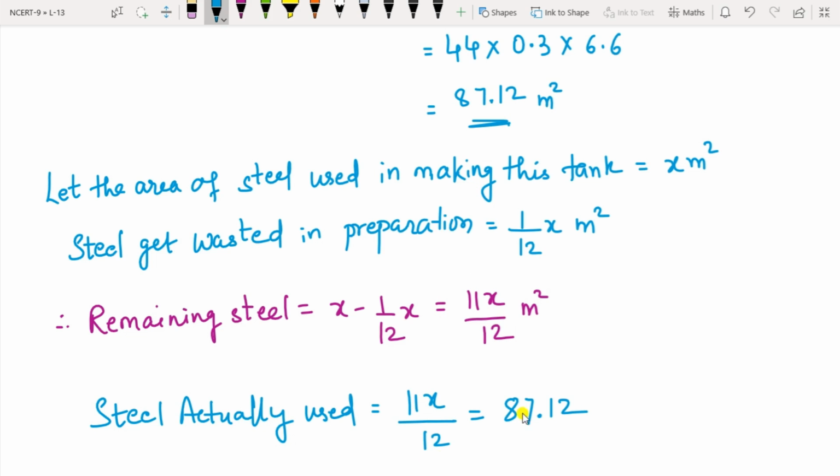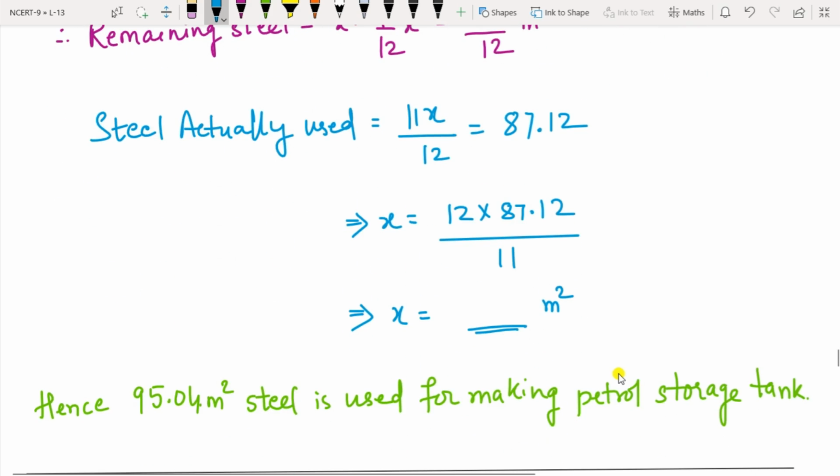So 11x/12 equals 87.12 meter square. Make x the subject here. So x will come as 95.04 meter square. So 95.04 meter square of steel is used for making the petrol storage tank.